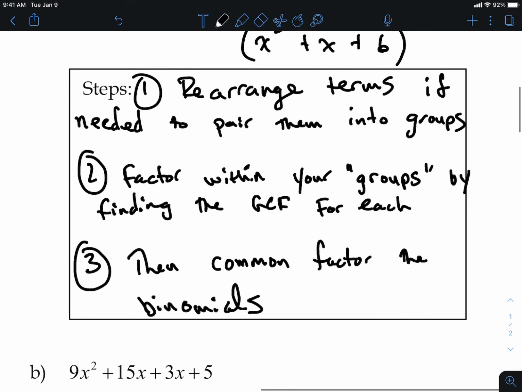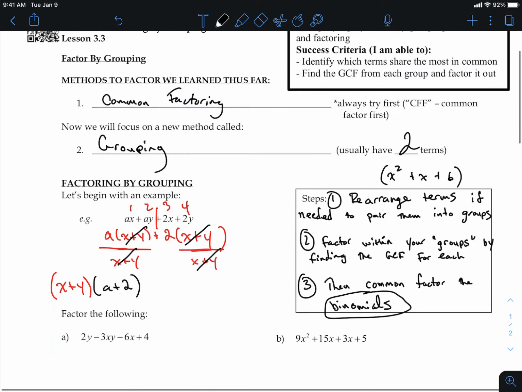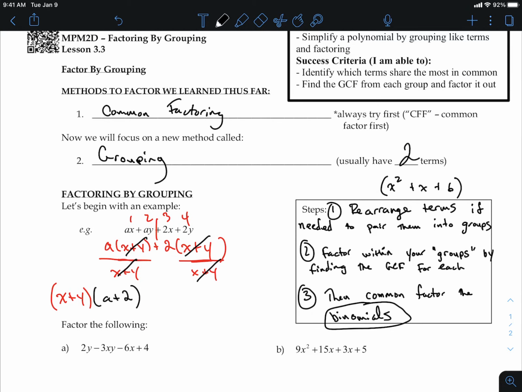But for the groupings, for the most part in this course, you're going to try and factor by grouping with binomials. So just like these questions, you're going to try and create two separate groups that have two terms in them each, for the most part. I can't think off the top of my head any examples that would not be the case.